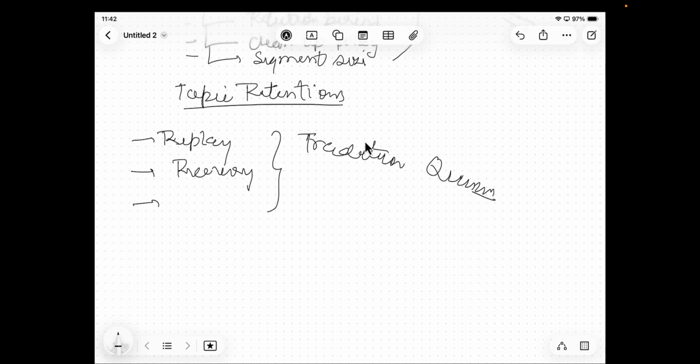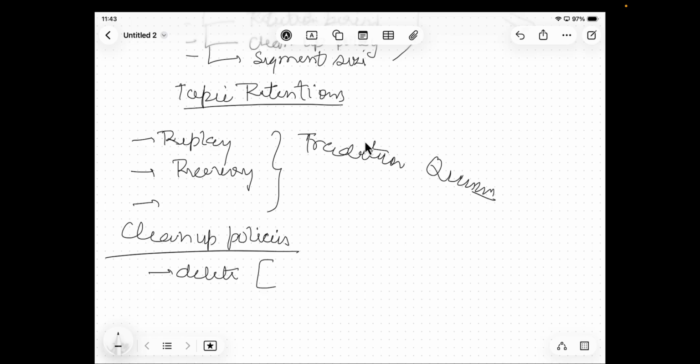Again, I talked about cleanup policy. Let's understand this. What are the cleanup policies? So there are two primary cleanup policies. Delete policy: old messages are deleted after the retention time expires. Okay. That is the delete one. Like we have configured some retention period.